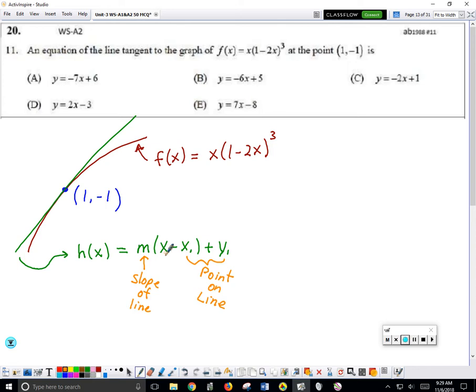So let's find the derivative. This one's going to take a bit of work, so I'm going to go down the page here. Make sure I have good notation. So f of x is equal to x multiplied by 1 minus 2x cubed. Is that correct? Yes. So here we go.